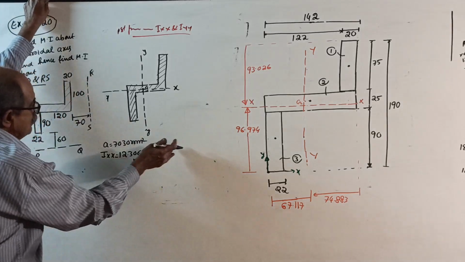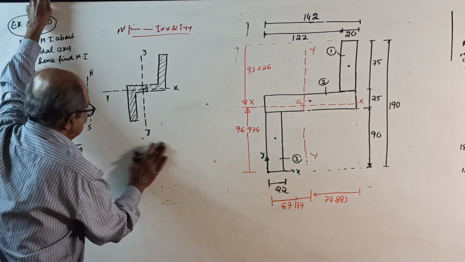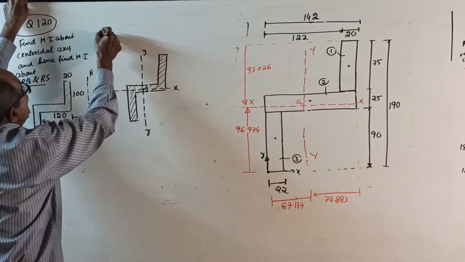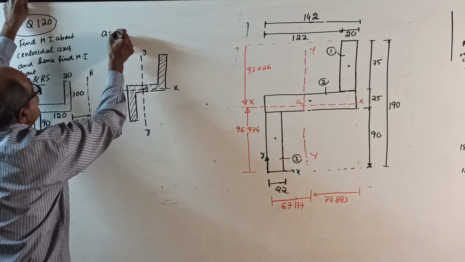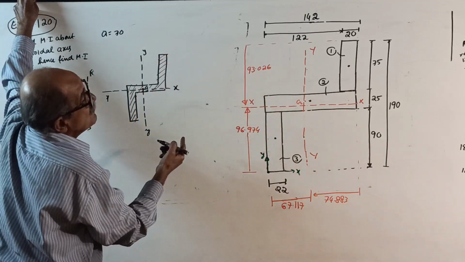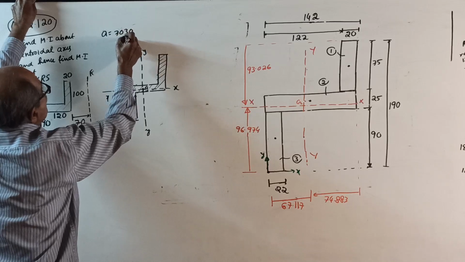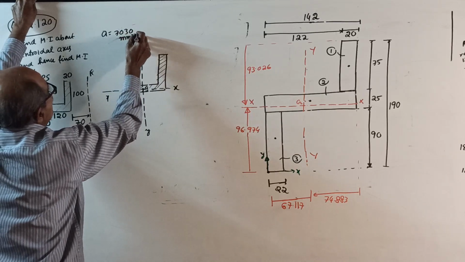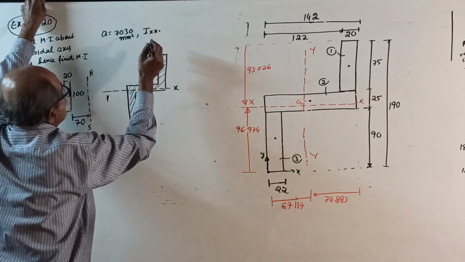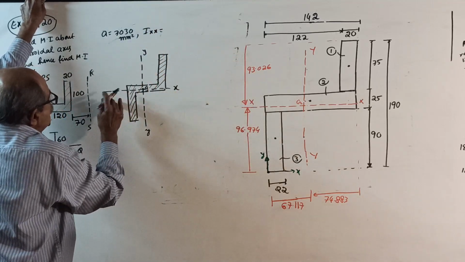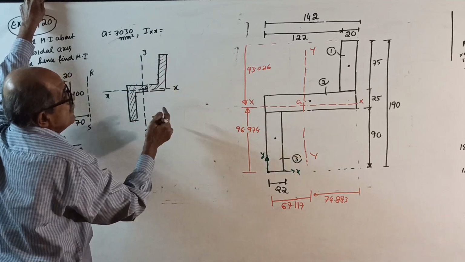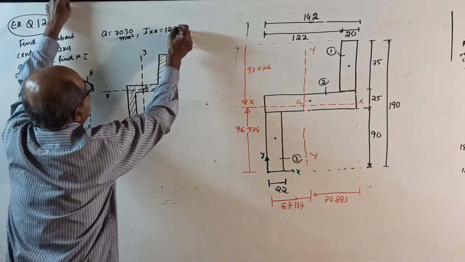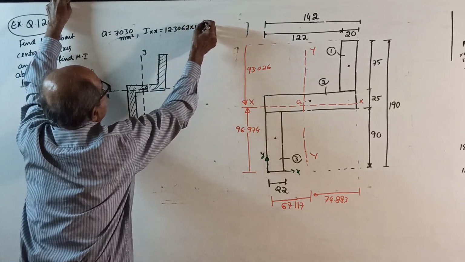Here also a problem, because one more axis comes here. Where shall I write? Okay, I'll write here. For this complete one, area equal to 7030 mm square, and I about its centroidal axis, for the entire lamina as one unit, is 12.3062 into 10 to the power 6 millimeter power 4.